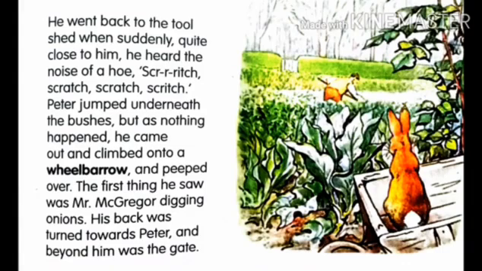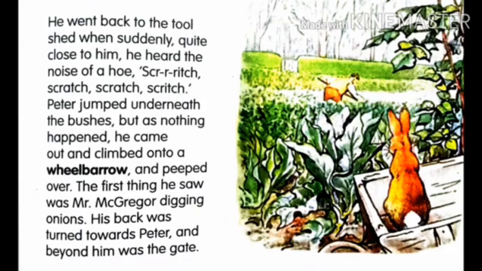He can see Mr. McGregor digging onions, maybe the scratch sound came from that hoe which he is using to dig. His back was turned towards Peter, means he is not observing Peter, but Peter can see Mr. McGregor, and also a gate is there. Beyond him there was a gate. You can also see it in the picture.